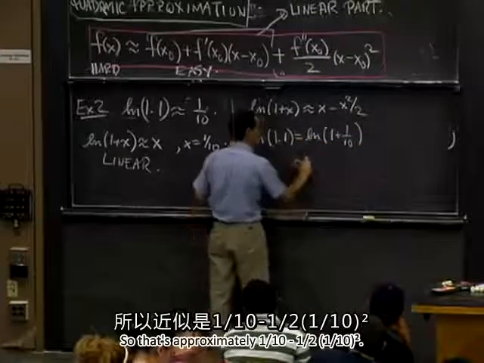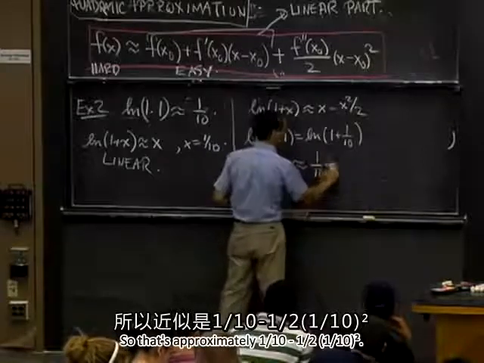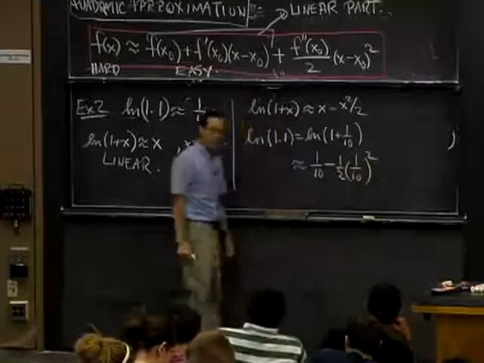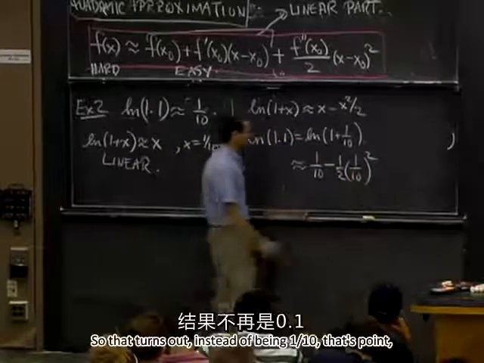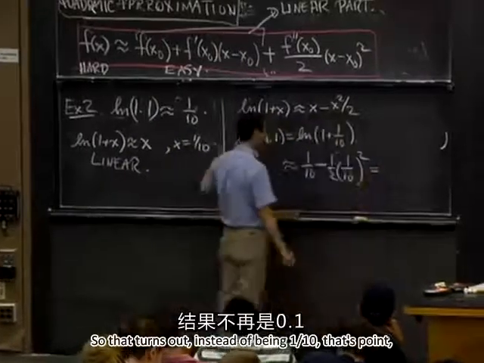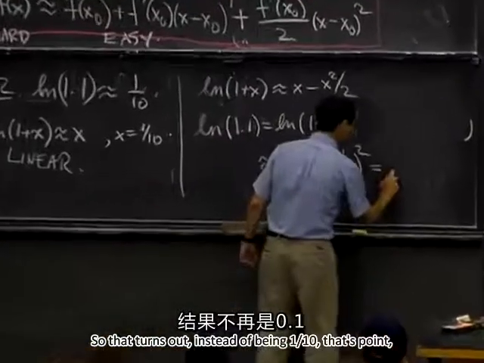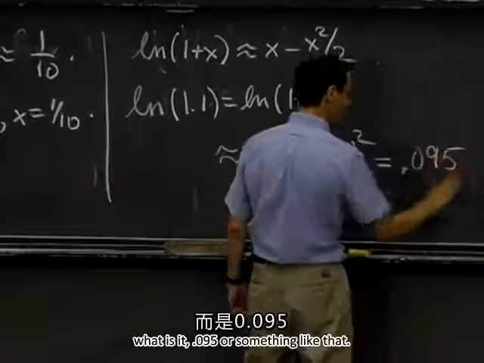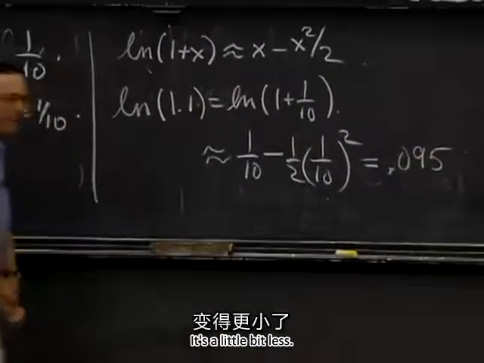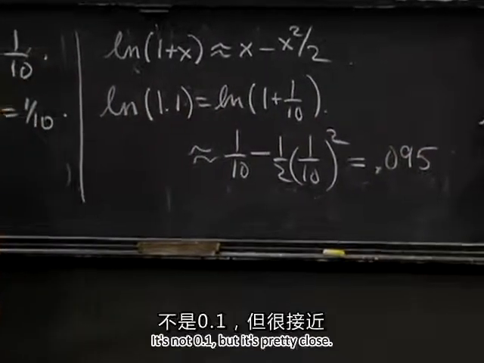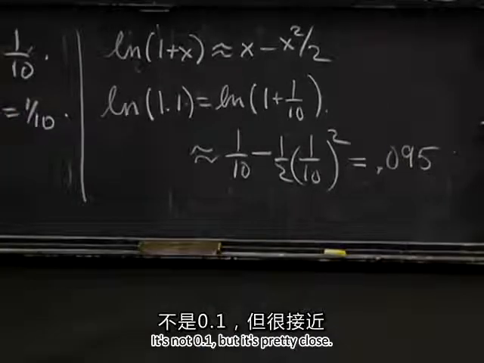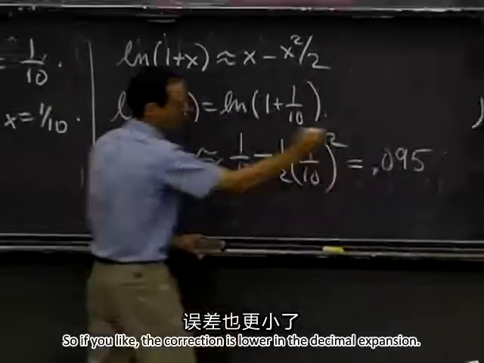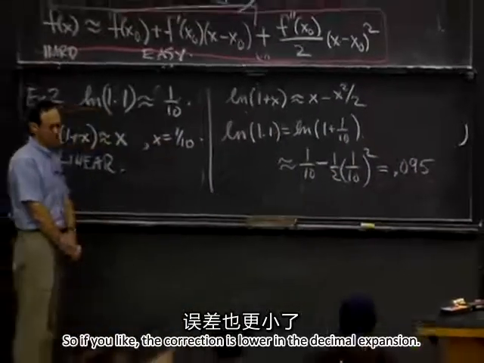So that's approximately a tenth minus a half 1/10 squared, right? So 1/200th. So that turns out, instead of being a tenth, 0.095 or something like that. It's a little bit less, all right? It's not 0.1, but it's pretty close. Okay? So if you like, the correction is lower in the decimal expansion.